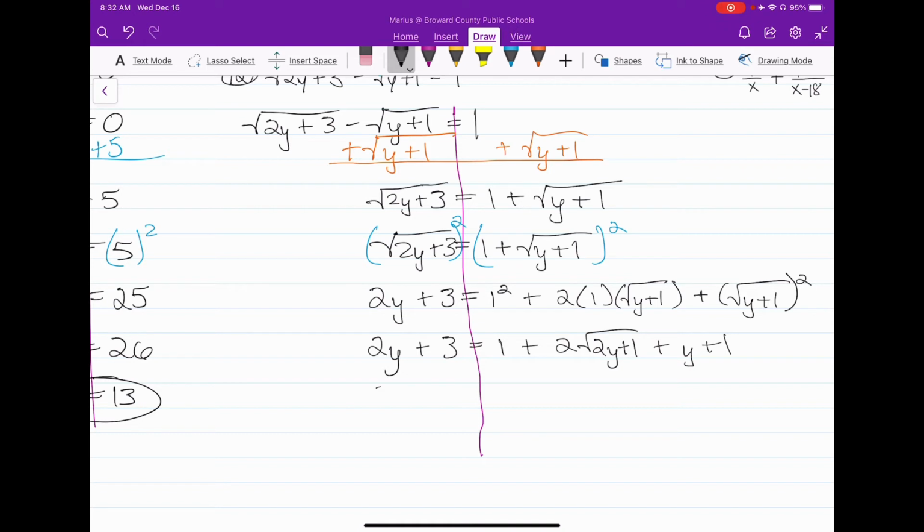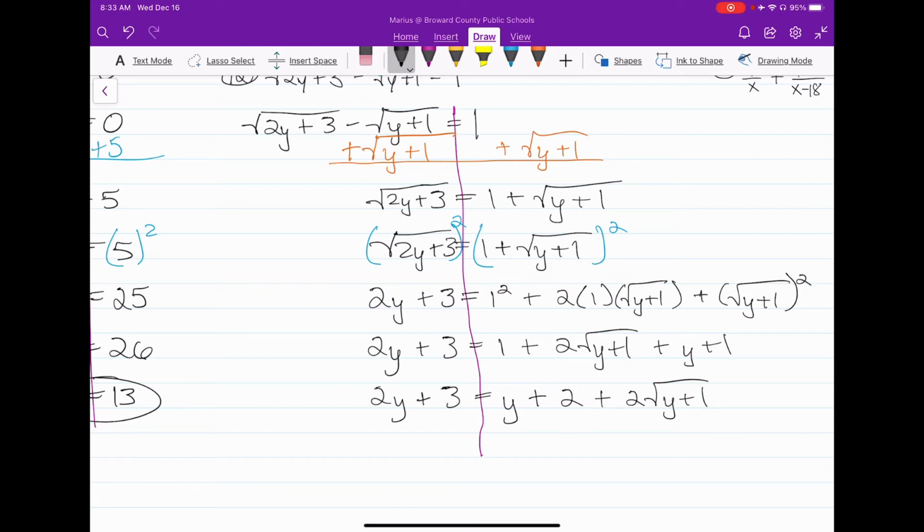Continuing to simplify, we have 2y plus 3 equals y plus 2 plus 2 square root of y plus 1. And I made a mistake right here. This really should say y plus 1.